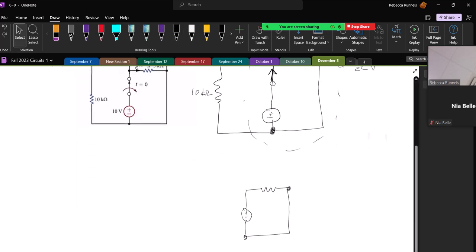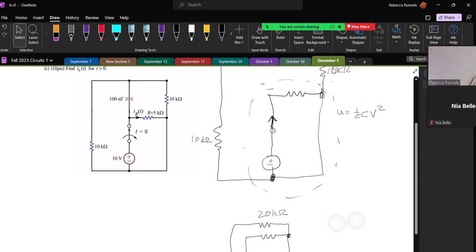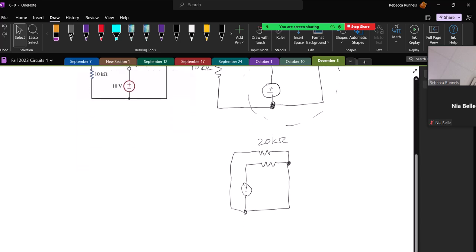To start off with, I'm just going to combine those into one 20 kilo ohm resistor. I just took this outside loop and made that one 20 kilo ohm resistor.